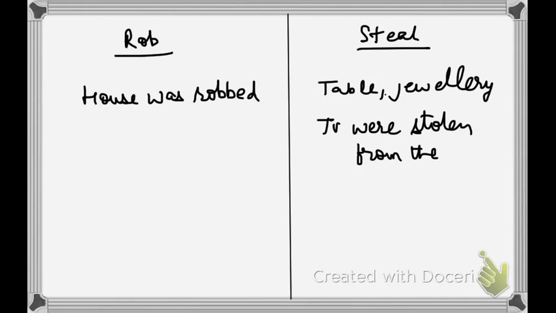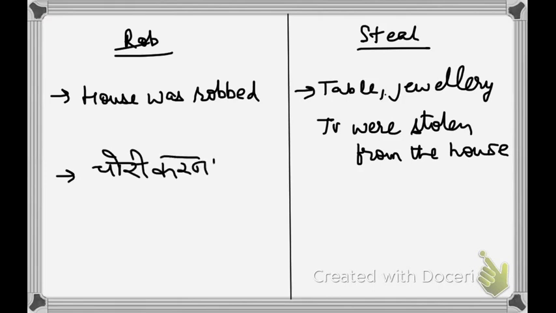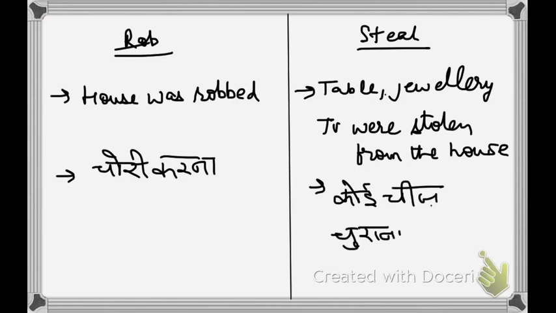Rob is chori karna, and steal is जब कोई चीज चुराते हैं, that is steal. So rob is चोरी करना and steal is चुराना. This is the difference between these two words, rob and steal.